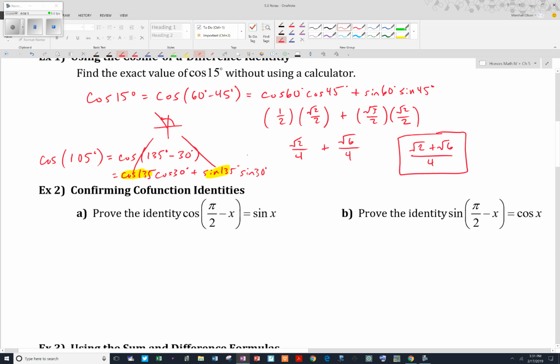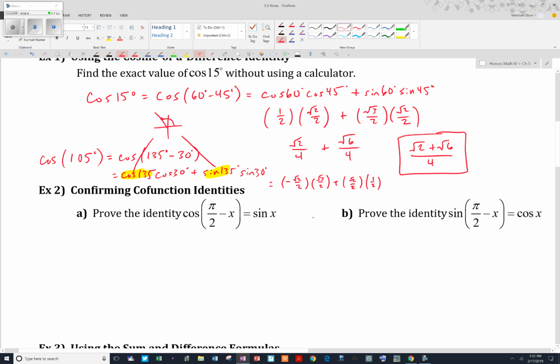So we know cosine is going to be negative, sine is going to be positive. So this would end up being negative here, and the cosine of 30 is just square root of 3 over 2. Come back to the sine in a second. Sine of 30 is 1/2. And then we would just use 45 degrees as a reference angle. So the cosine and sine are both square root of 2 over 2. I've just made sure that cosine is negative because it's in the second quadrant.